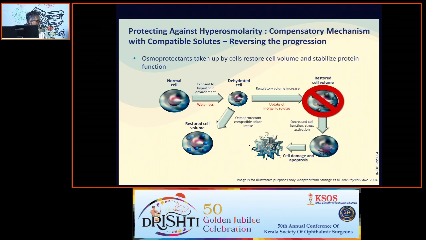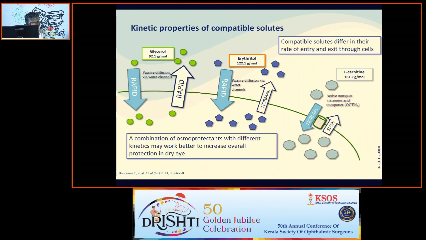So when you have a normal cell and it is exposed to a hyperosmolar environment, it gets dehydrated. In the initial period, it is reversible. So if you are using an osmoprotectant, it's more likely to come back to normalcy than if it goes to a permanent state of damage. If it goes beyond a certain stage, there will be apoptosis and cell damage, which is irreversible.